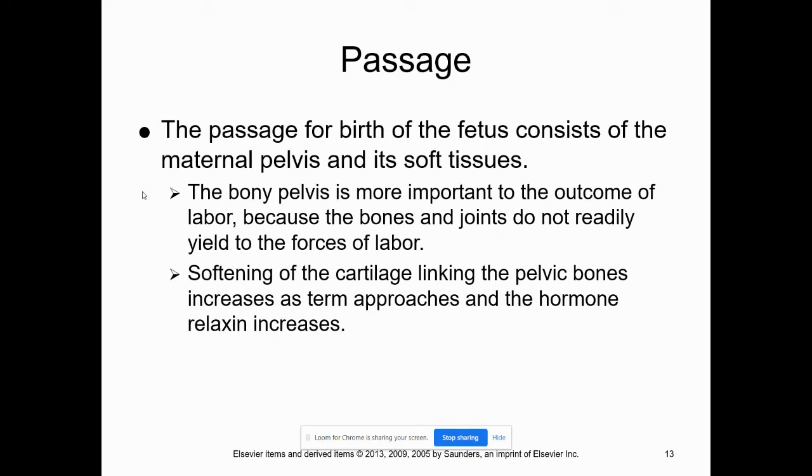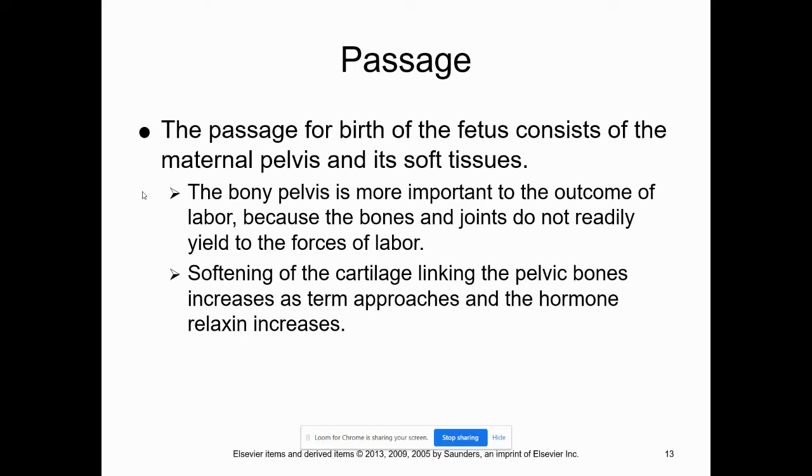Looking at passage, the passage for birth for the baby consists of the mom's pelvis and soft tissues that either help or hinder the baby sliding through. The bony pelvis is very important to the outcome of labor. If you don't have the right shape or size, you're going to have a difficult labor, or what we call dystocia.